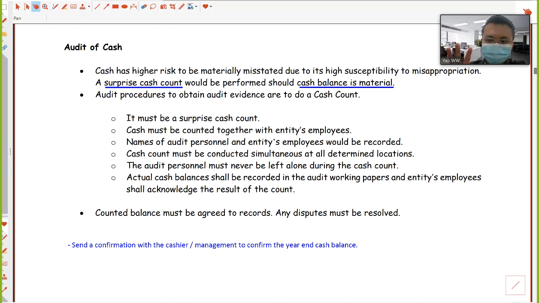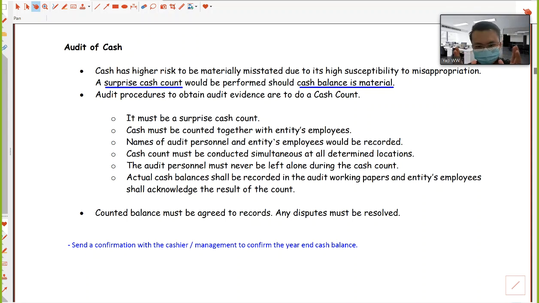And the one who opens the safe cannot be the one who carries the safe back to the office. The carrier just goes and carries only. So the one who can open the safe doesn't have the key to go to the branch and open it. So there are a lot of controls, because cash transactions can be avoided, but at the moment it's not so advanced in the Malaysian market.